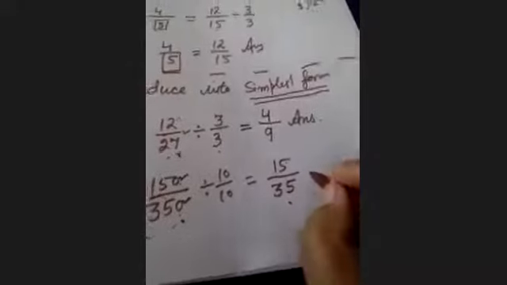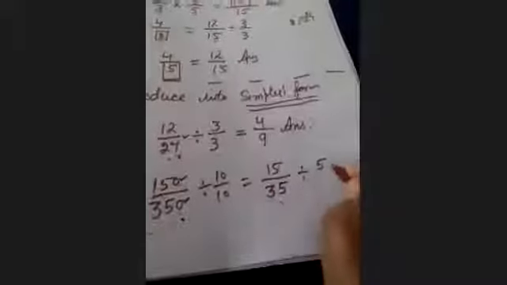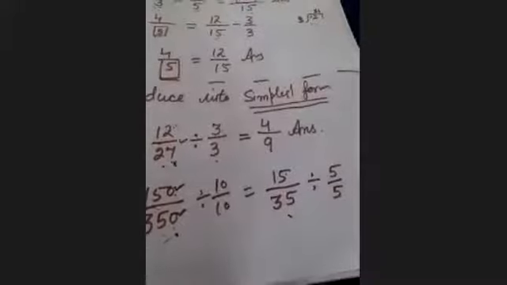So we will divide both numbers, numerator and denominator, by 5. 15 divided by 5 gets 3, and 35 divided by 5 is 7. So our answer is 3 upon 7.